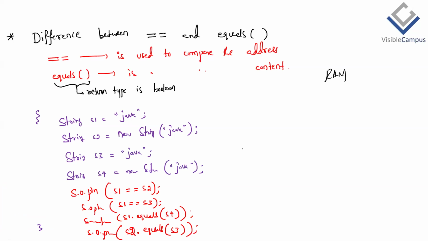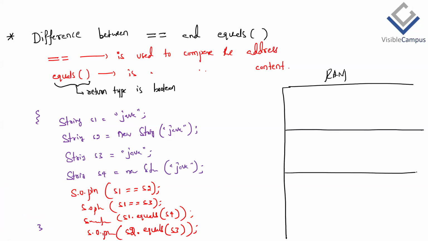4 print statements are there. I'm asking you to guess your answers. Some are saying false, true. Here also false, true, false or true. Only 2 possibilities, so tell me your options.